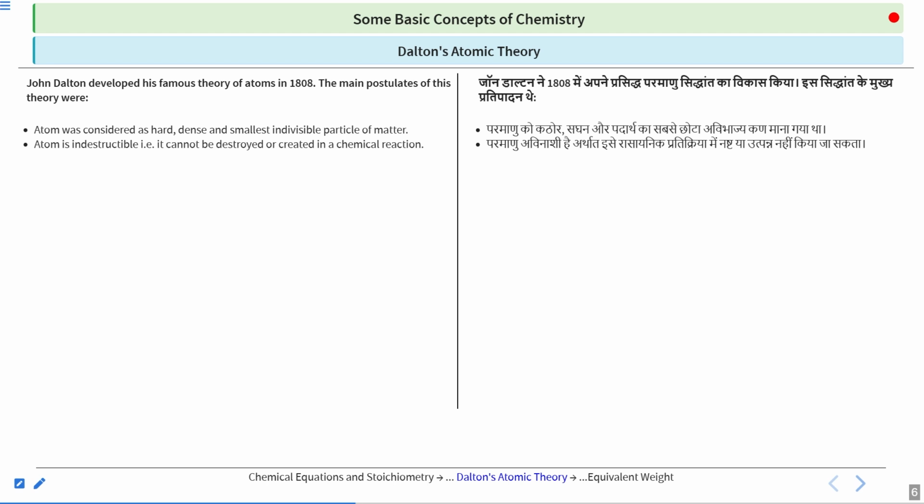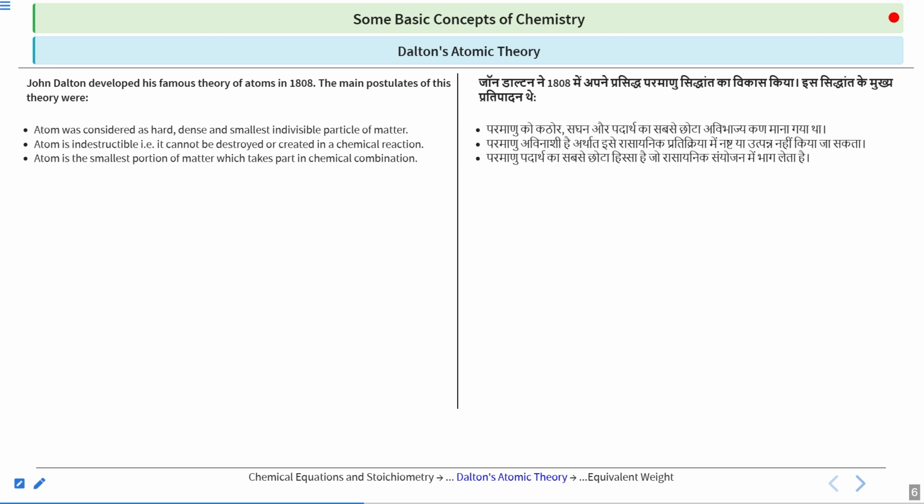Second thing he said is that it is indestructible, meaning it cannot be broken down or decomposed into smaller parts. So it is indestructible and it cannot be destroyed in a chemical reaction. Third point, atom is the smallest portion of matter which takes part in the chemical reaction.